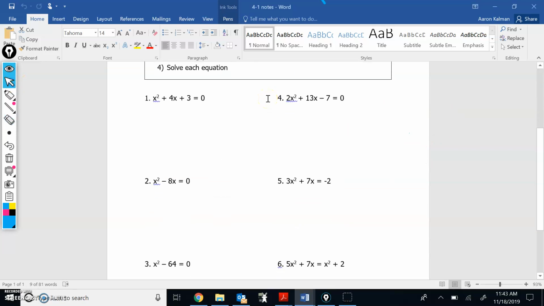Number 1, it's already set equal to 0, so that's easy. Next, we're going to factor. It's a trinomial, so we're going to do the magic numbers. We want to find numbers that multiply to get 3, but add to get 4. Those numbers are 3 and 1, both positive. So we put those magic numbers in the middle with the x.